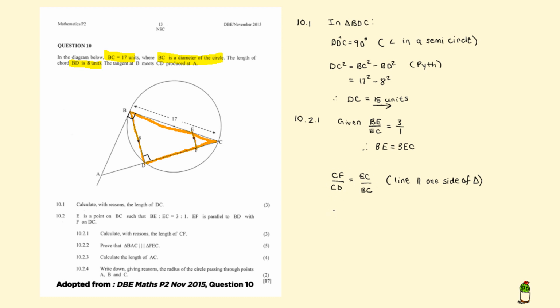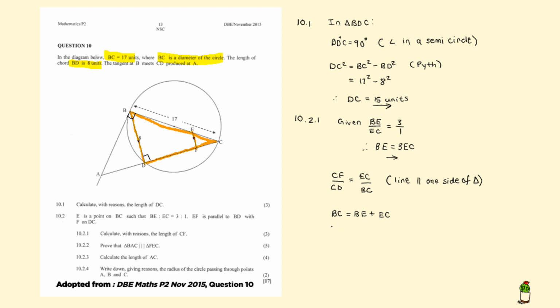As noted, I'm going to use lengths. I'm first going to compute EC because that's the only length that I don't have. I notice that BC is equal to BE plus EC. Now I'm going to use what I derived above.